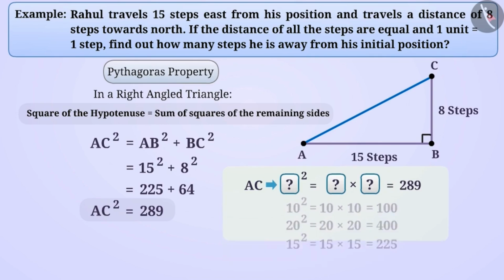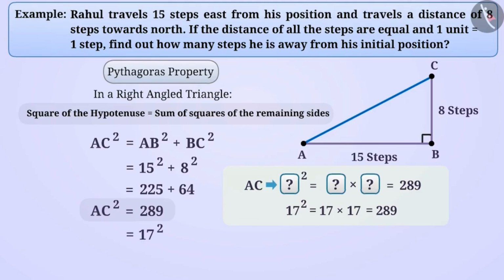While doing this, we find that 17 square is equal to 17 multiplied by 17 is equal to 289. That is, AC square is equal to 17 square. This way, we can say that the measure of the hypotenuse AC is 17 steps. From this, we come to know that Rahul is 17 steps away from his initial position.